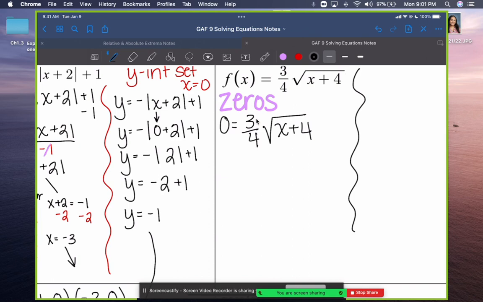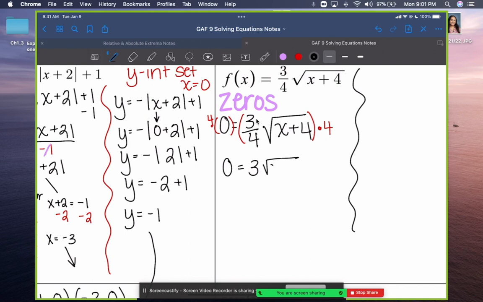Okay, so outside of the casita, I like to call this a little casita, we're going to get rid of this 3/4. Okay, I'm going to start by multiplying by the denominator because we want to undo this division. We want to get rid of this fraction. Okay, so we're going to undo the division by multiplying by the denominator. So I'm going to go ahead and multiply by the denominator on both sides. I'm still going to end up with 0 because 4 times 0 is just 0.